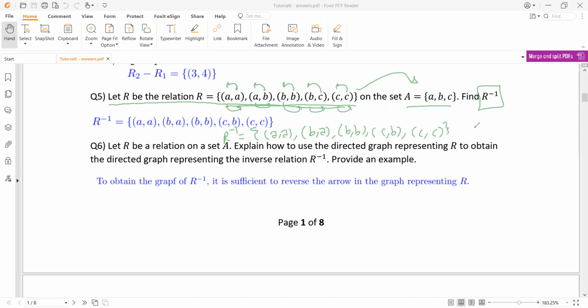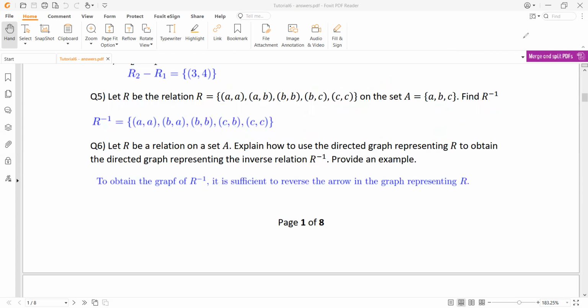And this is how we do it when we list the tuples, but also in order to do it from the graph representation, this is question number 6. Let R be a relation on set A. If R is represented as a directed graph, can you explain how you get the inverse R?